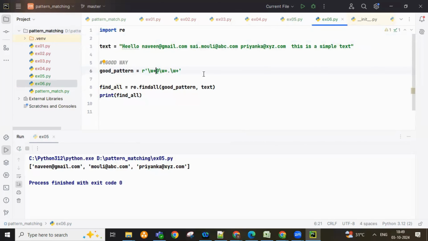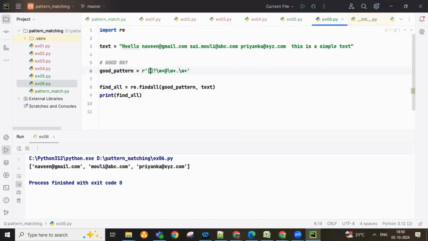Slash w plus, this is fine. If I trigger this, we are getting this guy. And here it is missing the characters, right? Now we need to make something optional here. You got it? So in the previous sessions, did we also discuss the question mark?